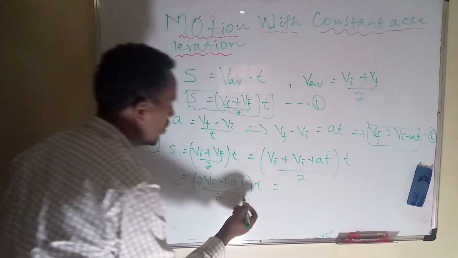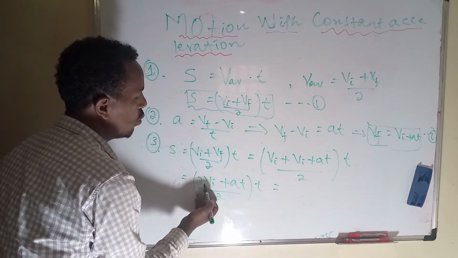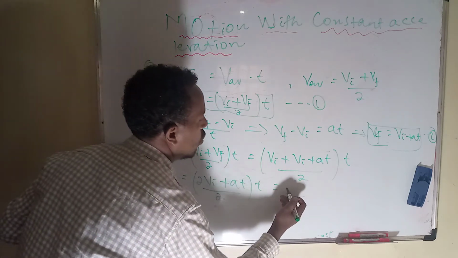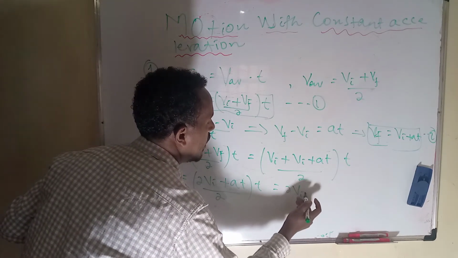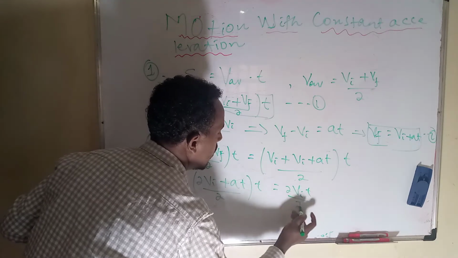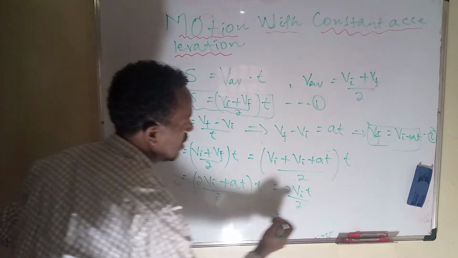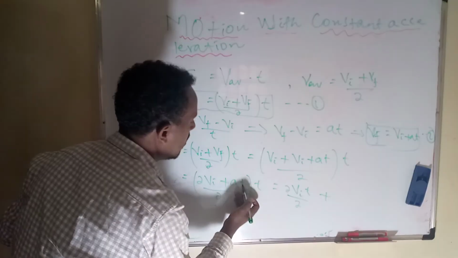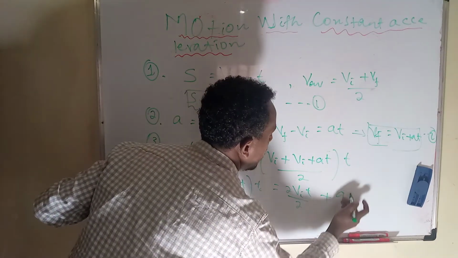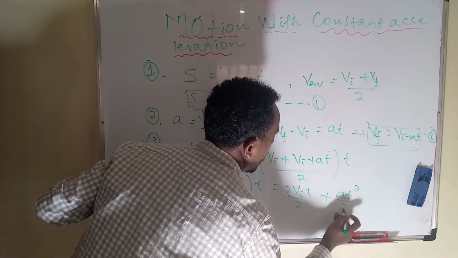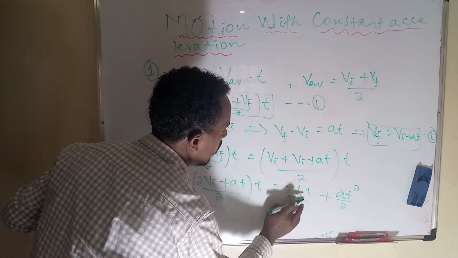So this is equal to t times 2Vi, that is 2V initial times time over 2, plus t times at, that is at square, over 2. The 2 is cancelled by the 2 here.